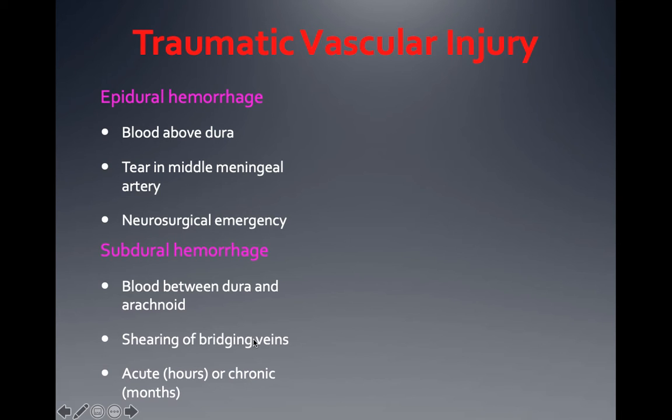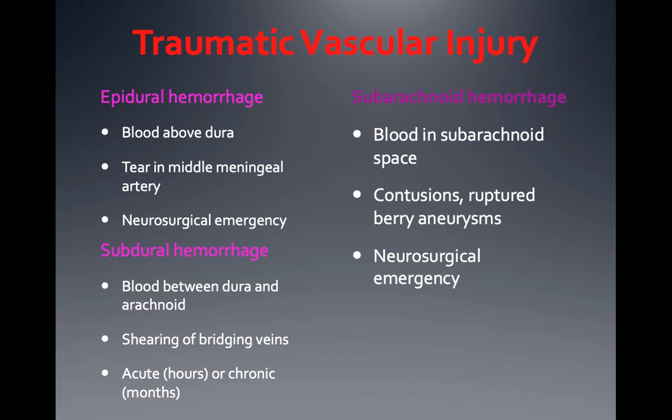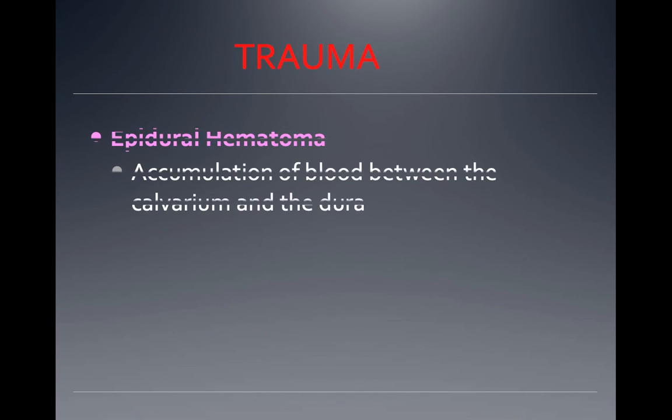These are the veins that attach the dura to the arachnoid. And then you have subarachnoid hemorrhages, which is blood in the subarachnoid space. Usually this is due to contusions of the brain or a ruptured berry aneurysm, which we're going to go over. And typically, if a subarachnoid hematoma forms, the person is not going to survive.